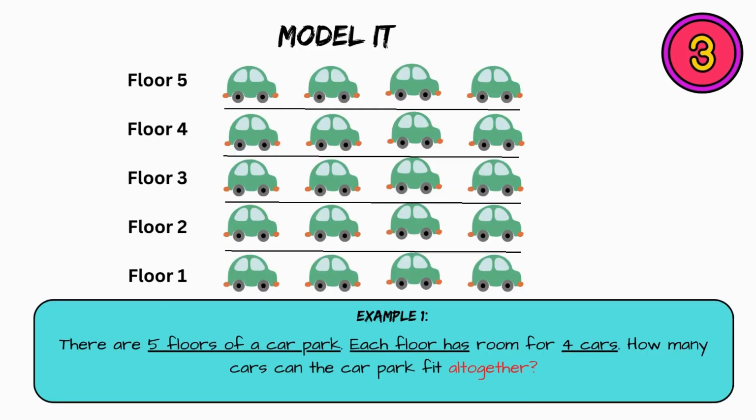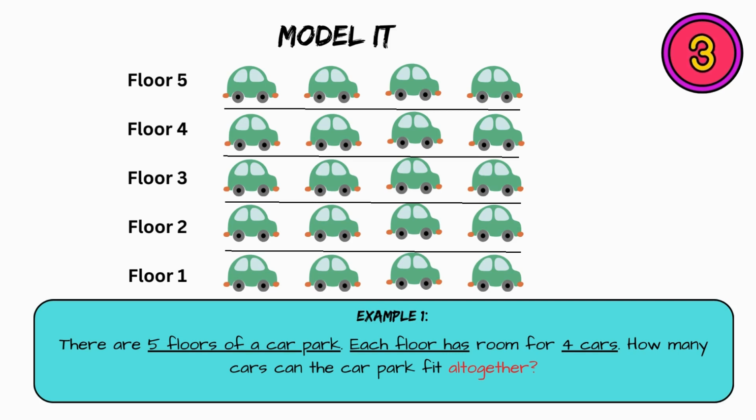So here we go, this is step three, model it. I've modeled everything out. When you go across, our columns, there are 4 columns for the 4 cars on each floor, and there are 5 rows for the 5 floors.